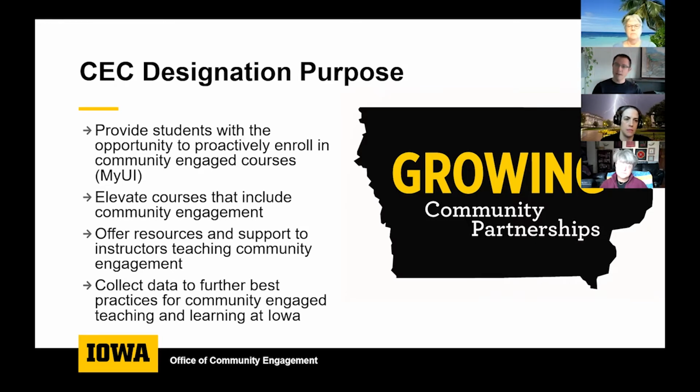In the past, students sometimes knew there might be a community engagement component from word of mouth or from knowing the instructor, but there was no way when registering for courses on MyU Iowa to actually see that. Through this designation, we've worked with the registrar's office so that the designation now shows up on MyU Iowa when students are registering. And I'll show everybody a screenshot of what that looks like in a second.